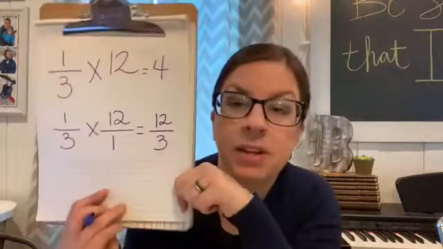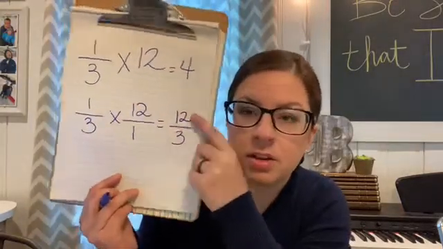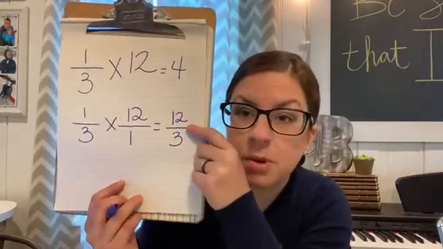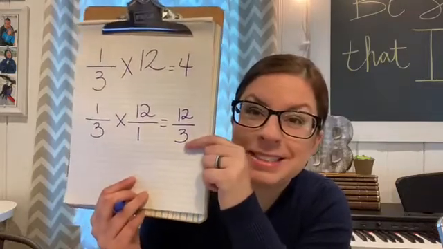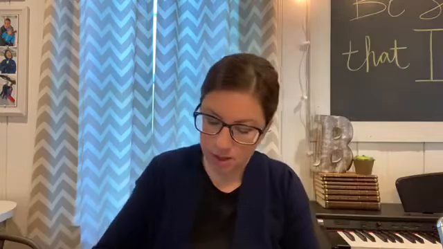So 1 times 12, 12. 3 times 1, 3. Now we have an improper fraction, so we need to make that into a mixed number or a whole number. So what is 12 divided by 3? 4. So 1/3 of 12 is 4.